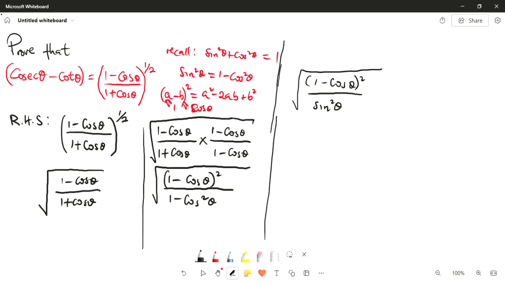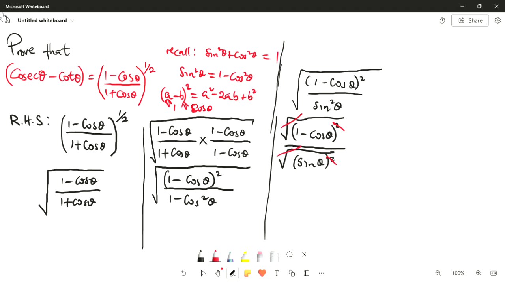We'll say the numerator, 1 minus cos theta all squared, is under its own square root, over the denominator, sine squared, which I can write as sine theta all squared, also under the root. Once this is done, the square and the square root cancel out.